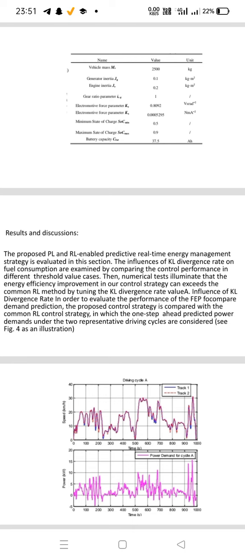Then numerical tests illuminate that the energy efficiency improvement in our control strategy can exceed the common RL method by tuning the KL divergence value.